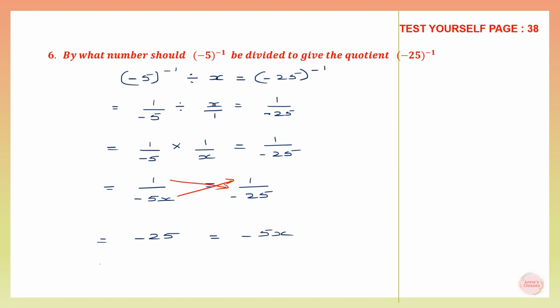Now let's find the value of x. Minus 5x is equal to minus 25. Therefore, x will be equal to minus 25 divided by minus 5. Why division? Because here it's multiplication, so when it goes to the other side, it becomes division. So here the minus signs will get cancelled. 5 5s are 25.